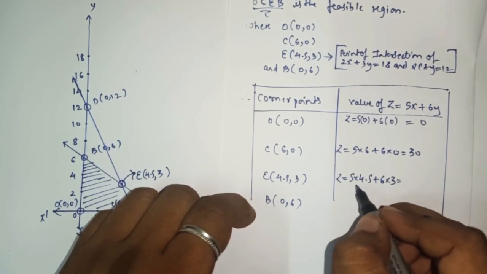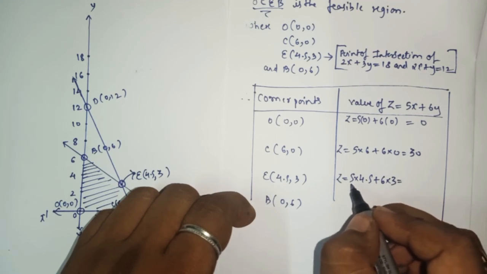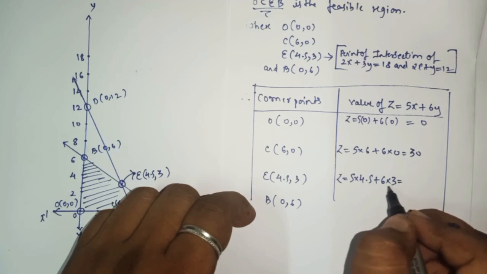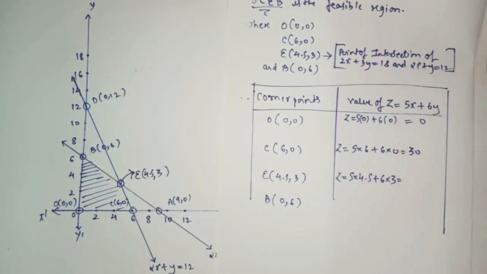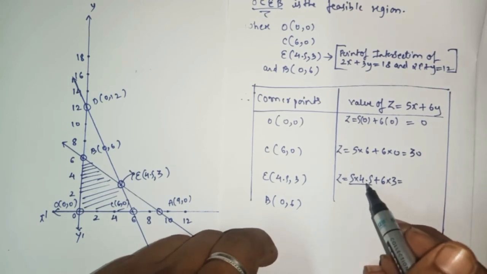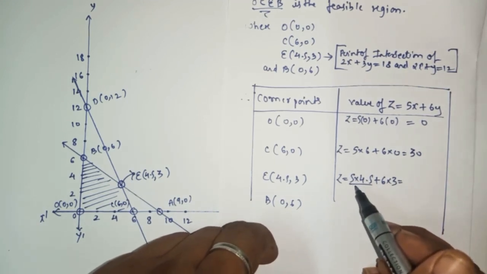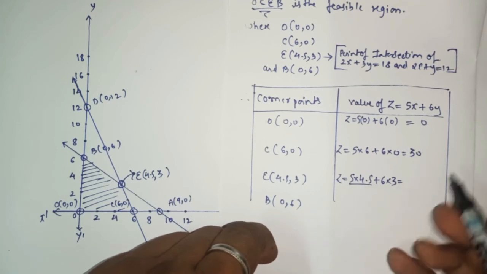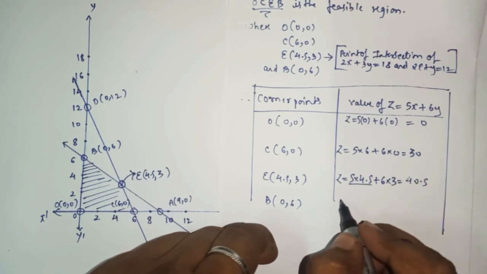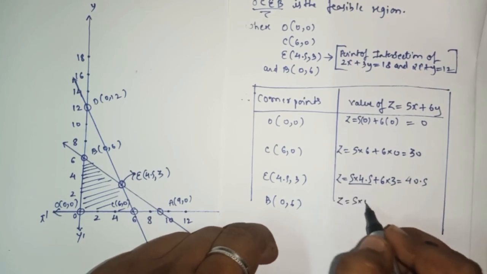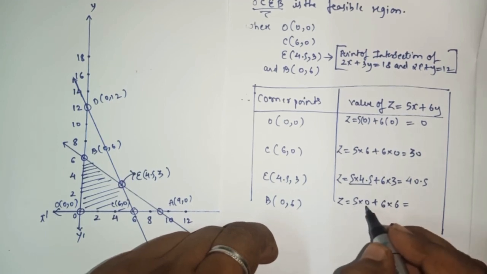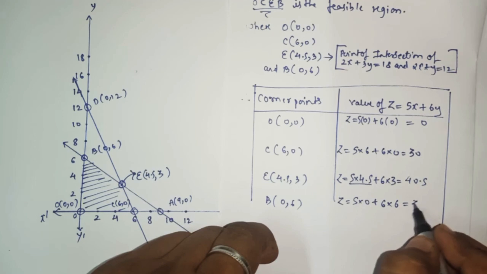So 6 into 3 is 18, and 5 into 4.5 is 22.5. So 22.5 plus 18 gives 40.5. And the last one, z equals 5 into 0 plus 6 into 6. So 5 into 0 is 0 and 6 sixes are 36. So the answer is 36.